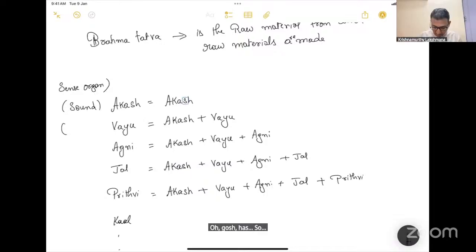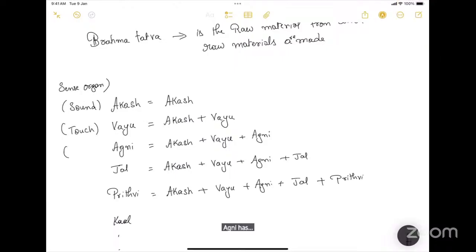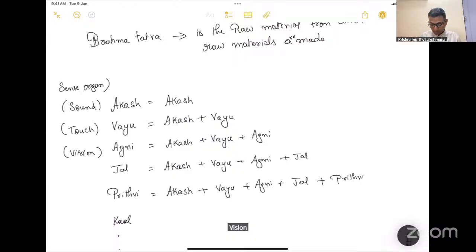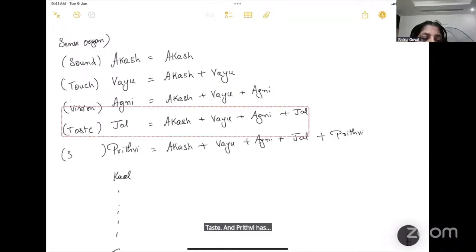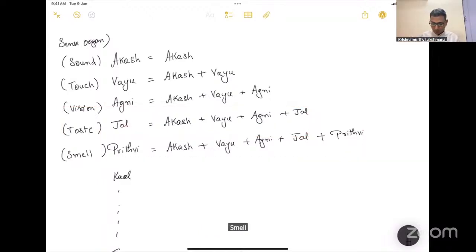Vayu has touch. Agni has radiance, vision. Jal has taste. And Prithvi has smell.